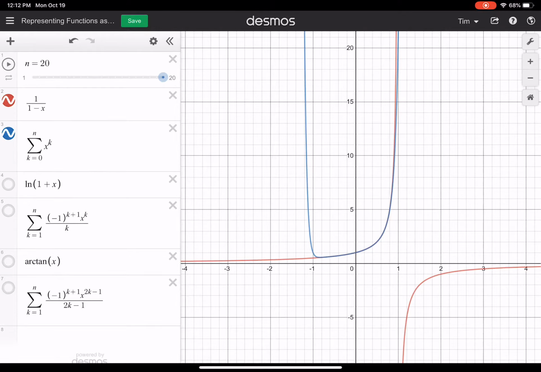And a good way to think about whether a power series like this is going to converge to the function is to look at discontinuities of the function. This function is discontinuous at x equals 1.